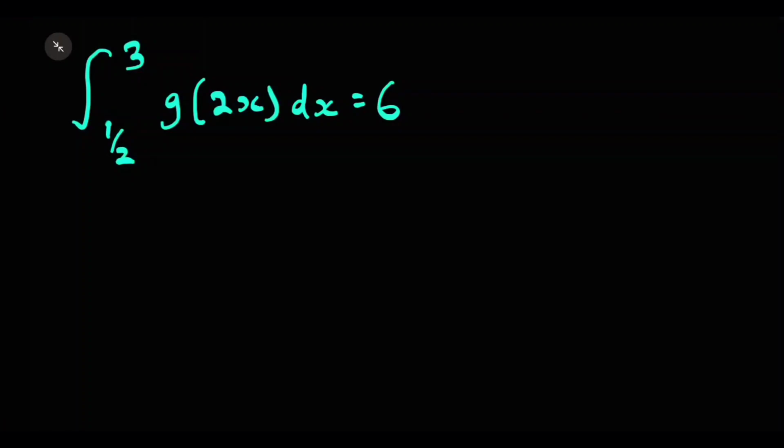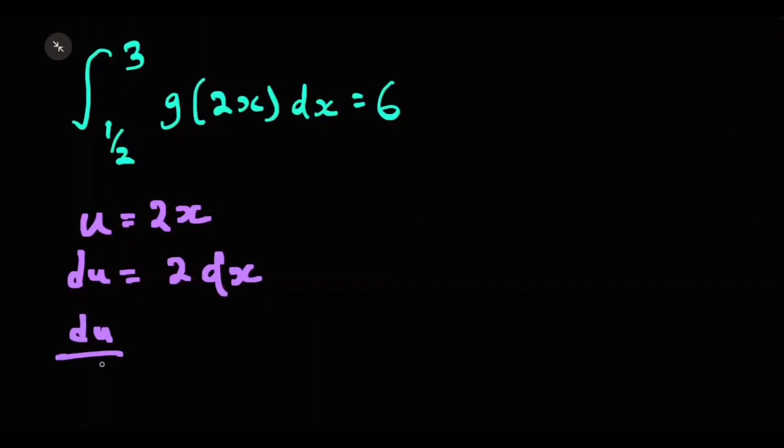So to get this done, we can say that u is 2x. So this would mean that du would be 2 dx, and du over 2 would be dx.